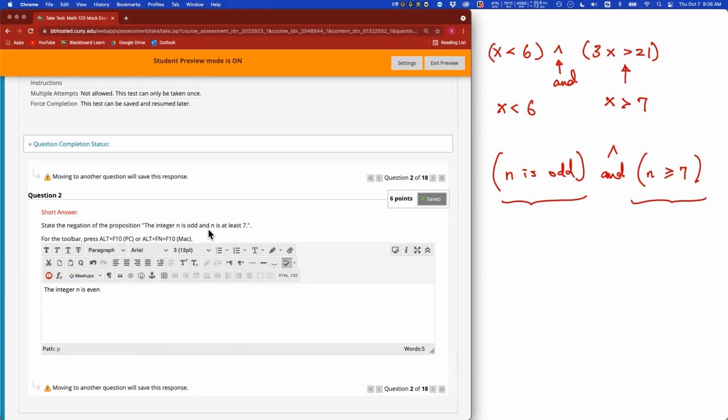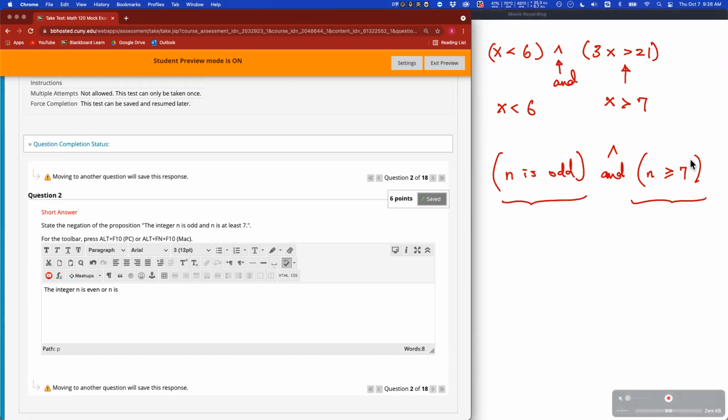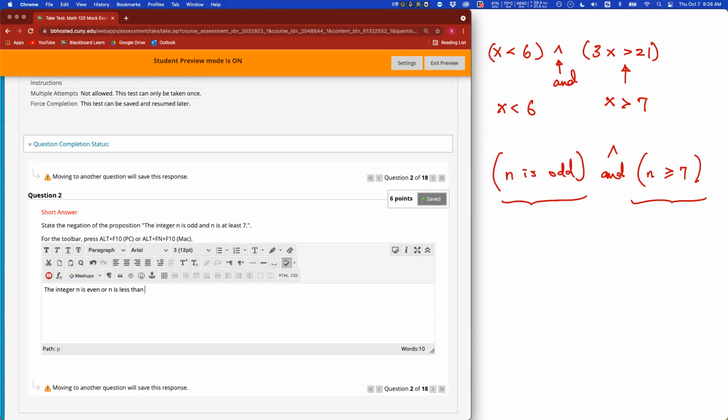Now to negate and, you will have or. And it's not at least 7. Negation of at least 7, you will get n is less than 7. Now I see people saying, what if you say not odd? You could say not odd, but normally for not odd, we will say it's even.